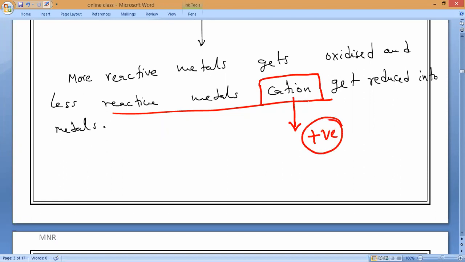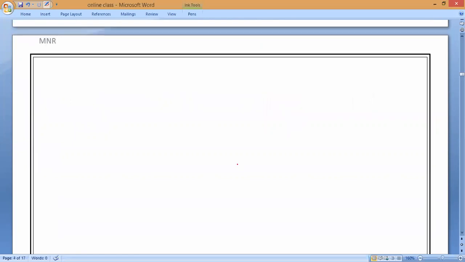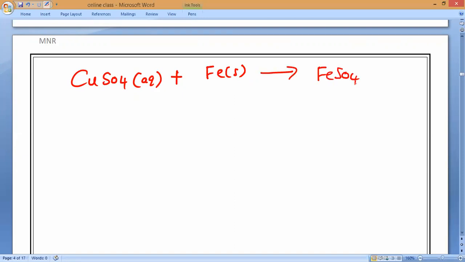Now, let me see how smart you are. Use your brain and tell me. Write the same equation which I taught you just now. CuSO4 is in aqueous state. Iron is in solid state and will give you ferrous sulfate in aqueous state plus copper metal.